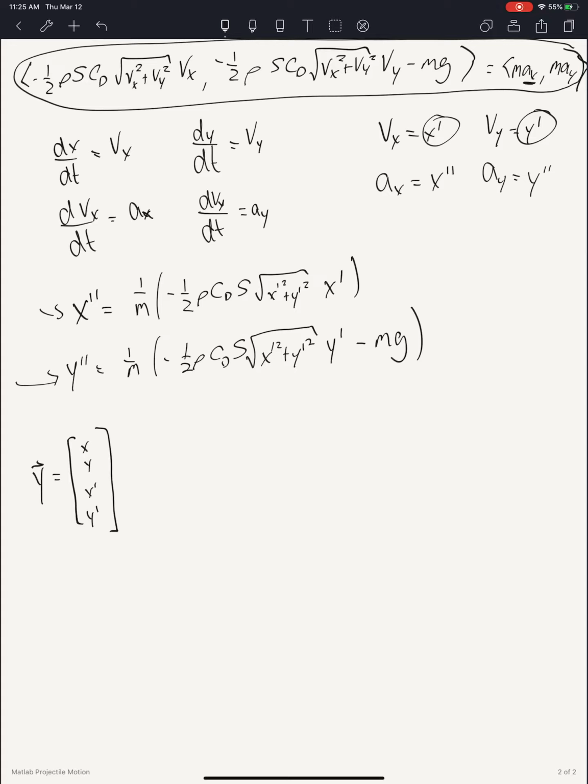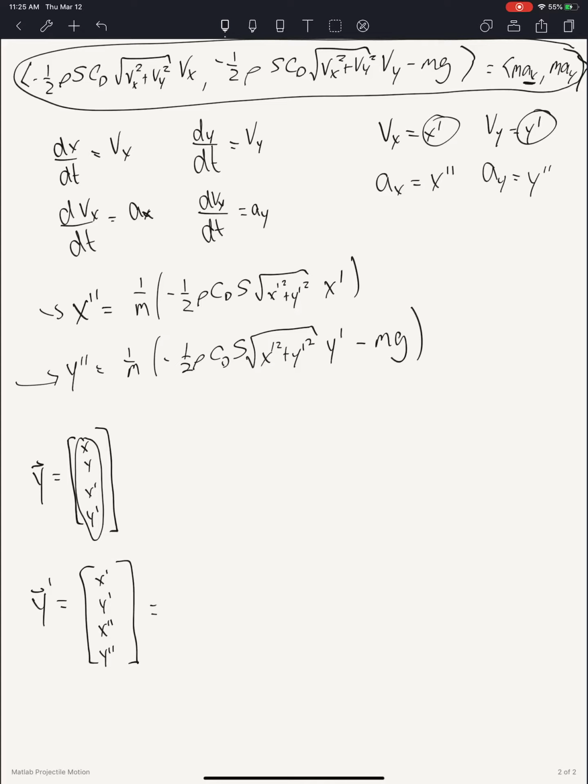I know I have a differential equation in terms of x double prime, y double prime, so I'm going to make a choice for my vector that contains all the things that are in the expression up here, so that when I take a derivative, I get these things. And I sure will. y prime is equal to x prime, y prime, x double prime, y double prime.